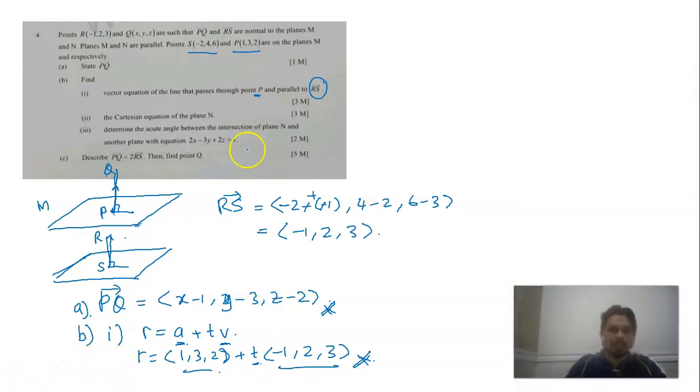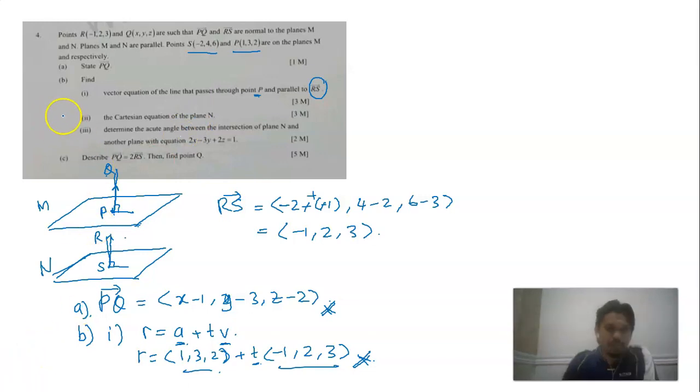So now, the next question is, find the Cartesian equation of plane N. This is a plane N. Okay, question B2, the Cartesian equation of the plane N. For plane N, we have to recall the normal of the plane N, which is RS, where N equal to (-1, 2, 3).